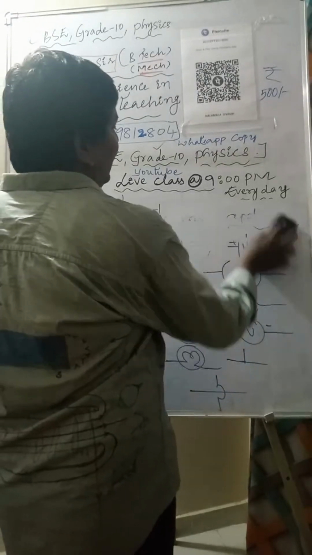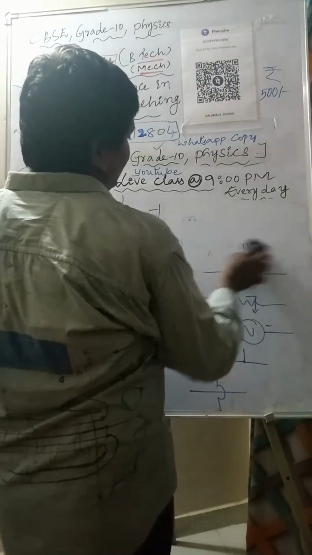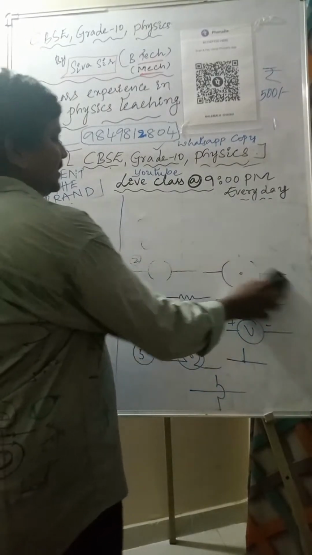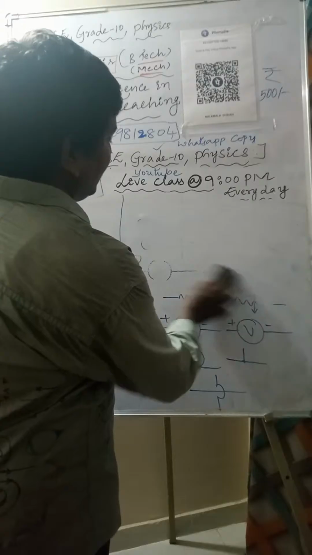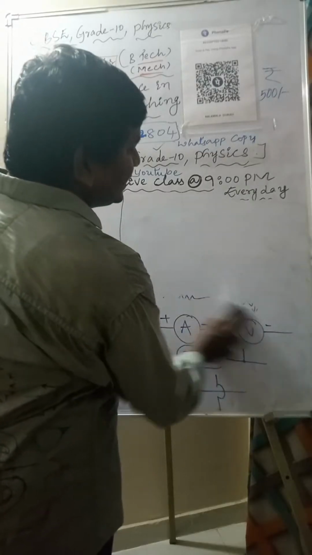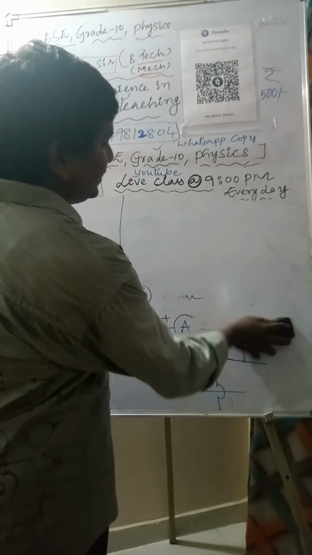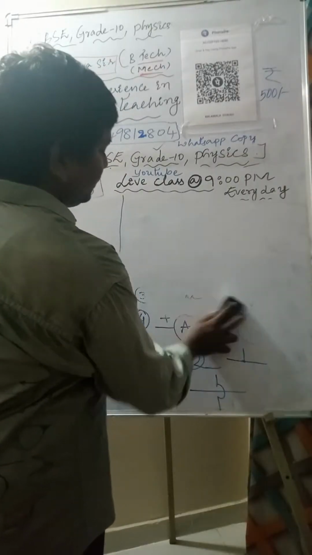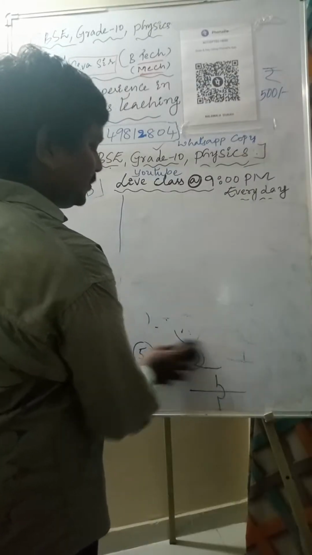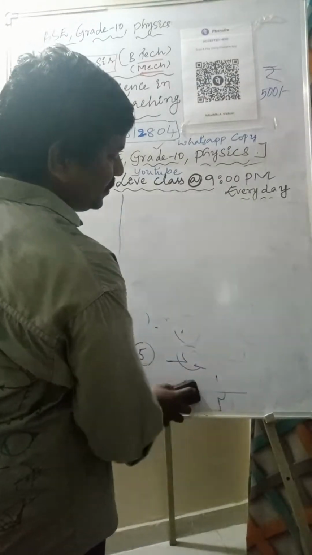Conventional current and electric current. Here generally people get confused, sir, what is conventional current, what is electric current. In the textbook, electricity chapter, first page, last 4 lines you can read. I don't have the CBSE textbook right now to show.